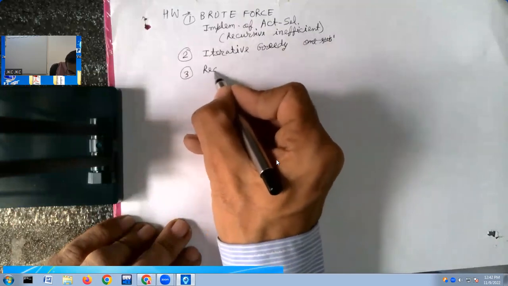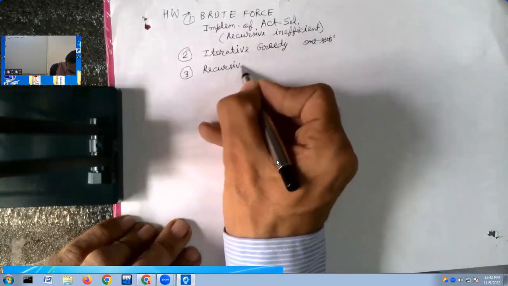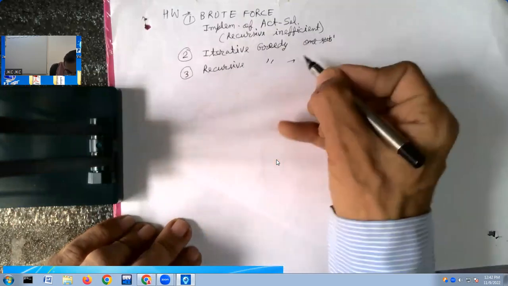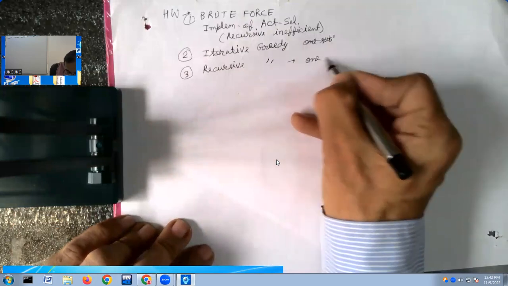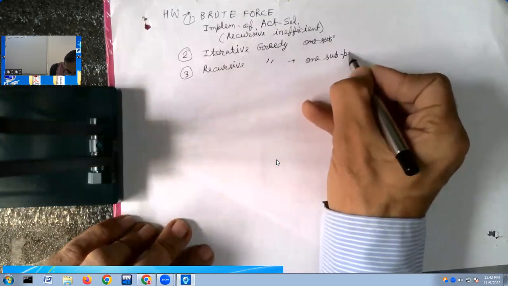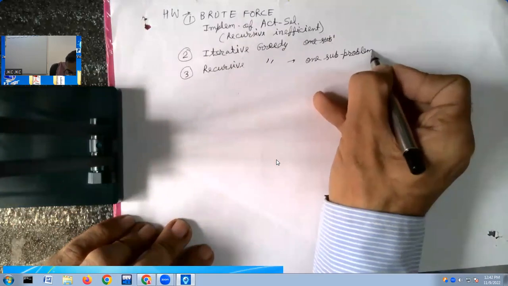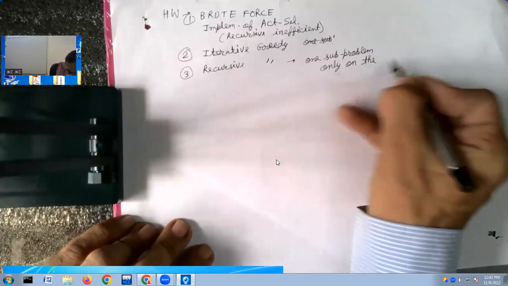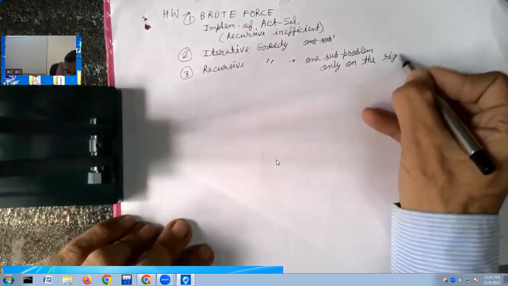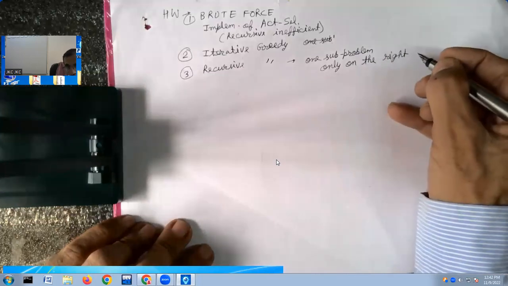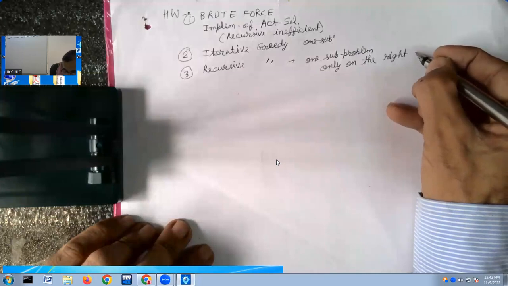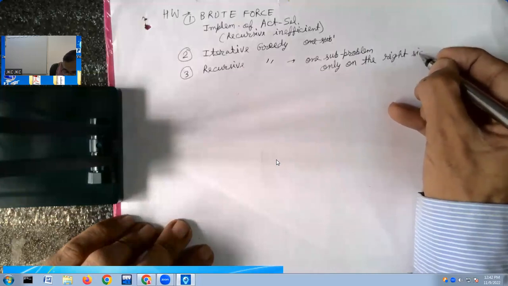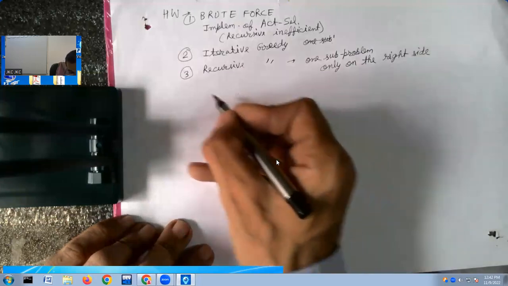So recursive implementation of a greedy also should be done. This automatically has shown one sub-problem remaining on the right side only. Only on the right side we were using, and that automatically ensures no overlapping calls will come, no unnecessary calculations will come, and the right side sub-problem will be solved only.